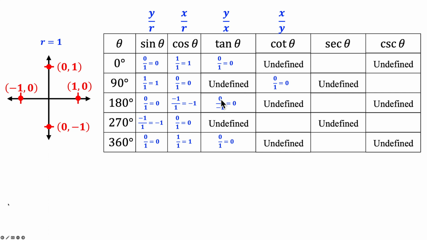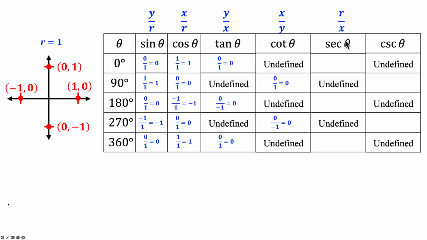So at 180, 0 over negative 1 for tangent would now be negative 1 over 0 for cotangent, and that's undefined. Undefined here at 270 was negative 1 over 0. Well, flip that. That's now 0 over negative 1. That's a 0. And at 360, we should get the same answer as what we had at 0 degrees.